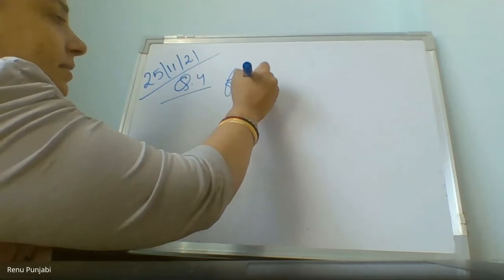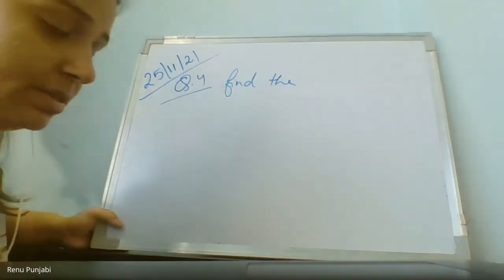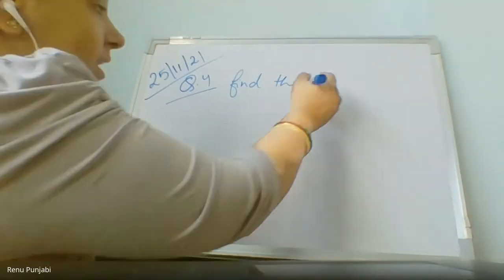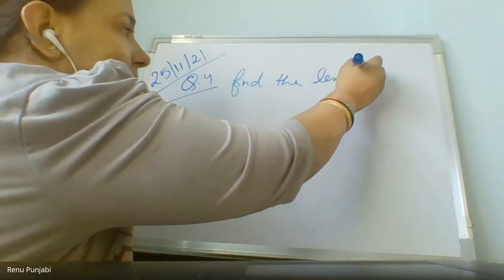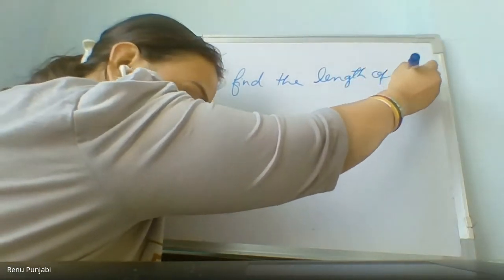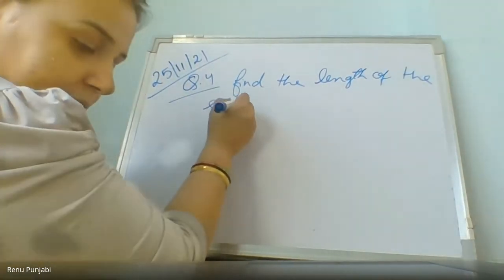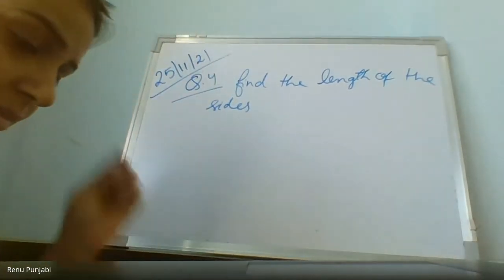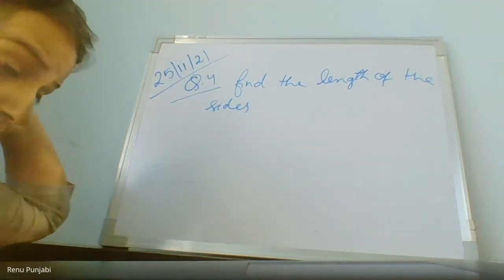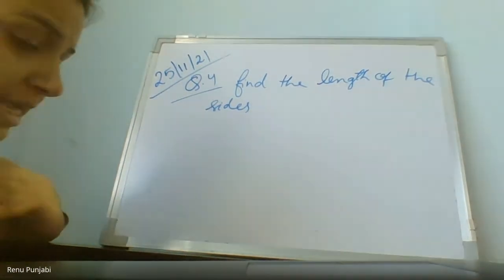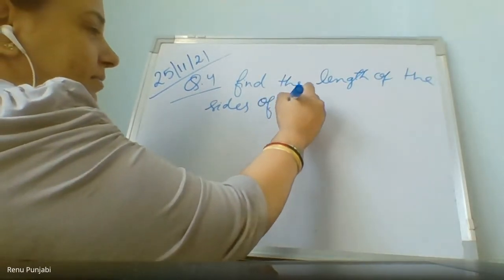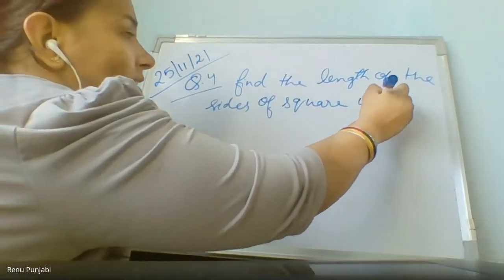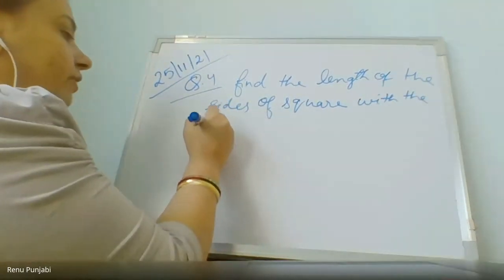Find the length of the sides of square with the following perimeter.